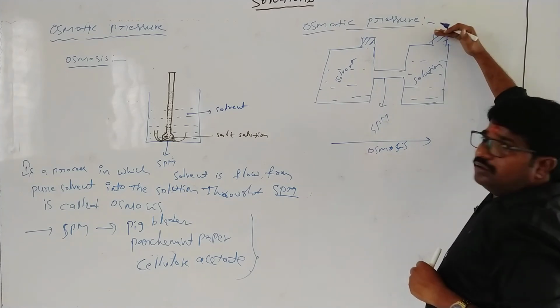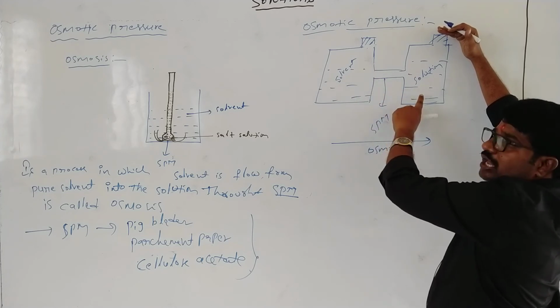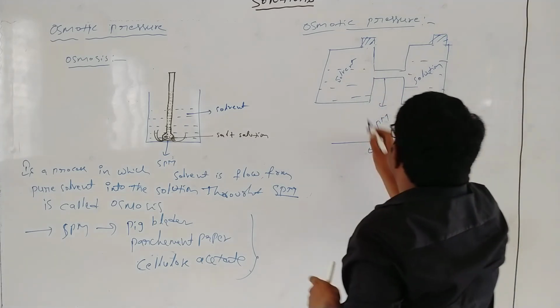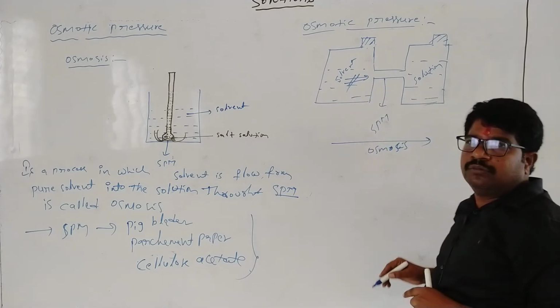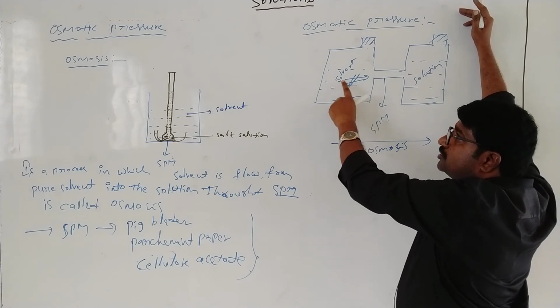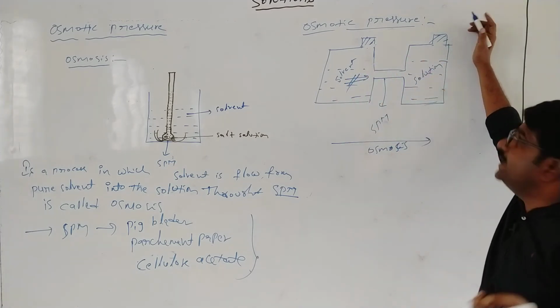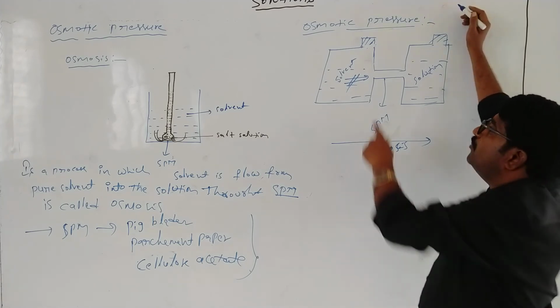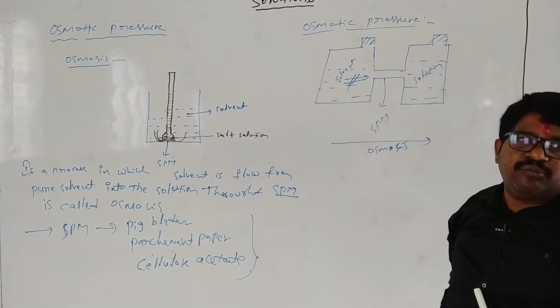Now, to stop the flow of solvent by using required pressure, how much pressure is required to stop the flow of solvent or osmosis? That is called osmotic pressure.